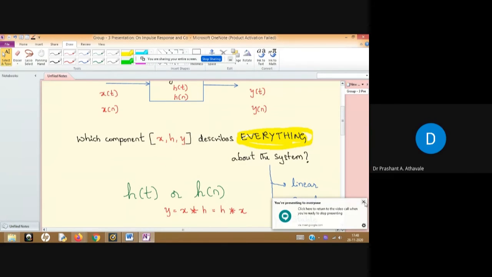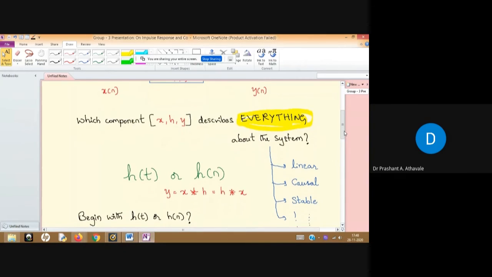I am experiencing a lot of network problems. Doesn't matter, you can continue now. A lot of instability. H of n is going to infinity. Yes, sir.